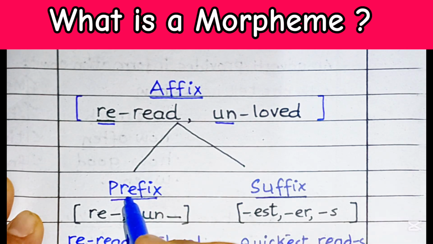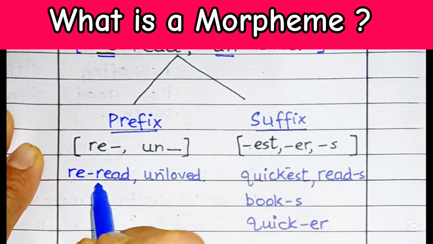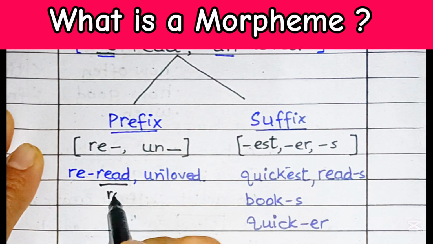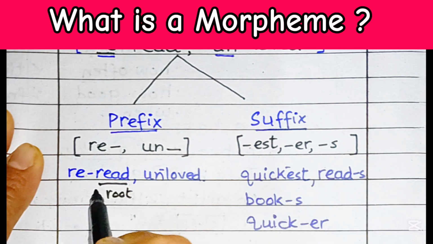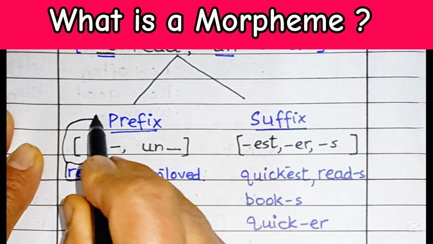What is a prefix then? A prefix is an affix that goes before a root, like re in reread. What is read over here? Read is a root, and re is a prefix.